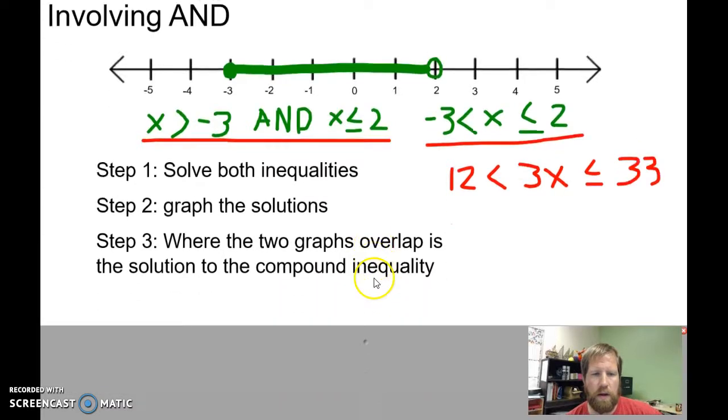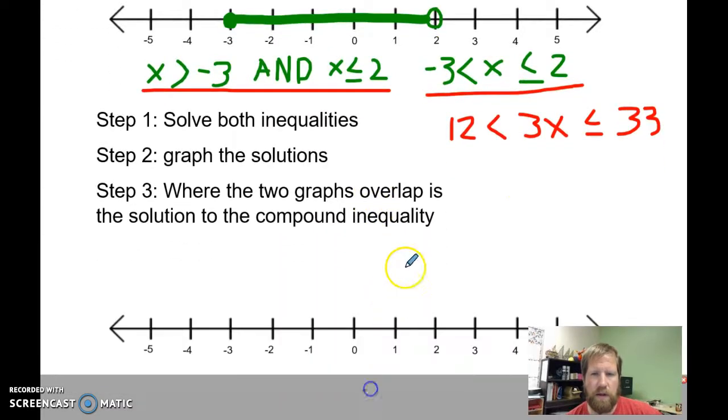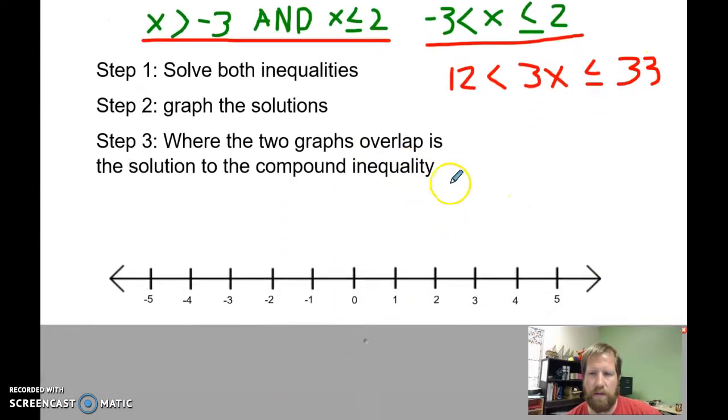When we are solving these, they'll generally start by looking like something like this. And we can solve these in the same way we solve a normal equality or a normal inequality. Even though we've got two signs now, we can do the same thing to all three areas.